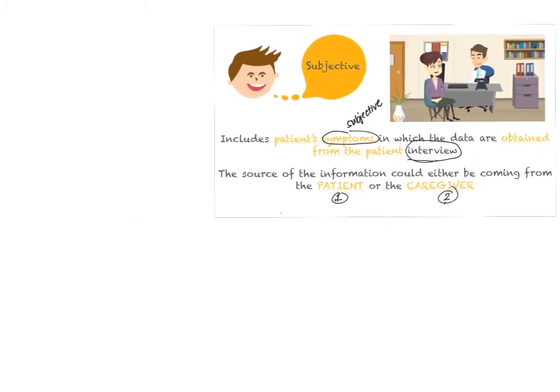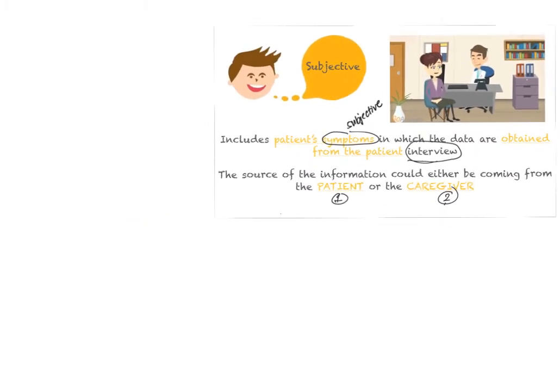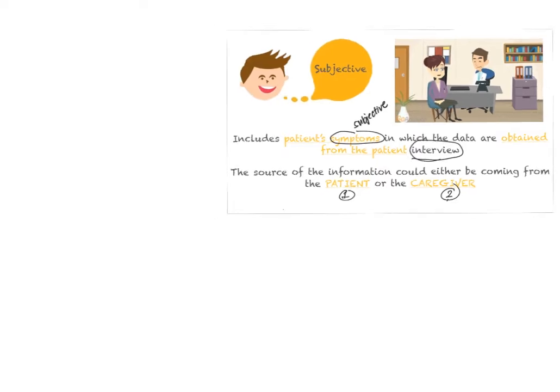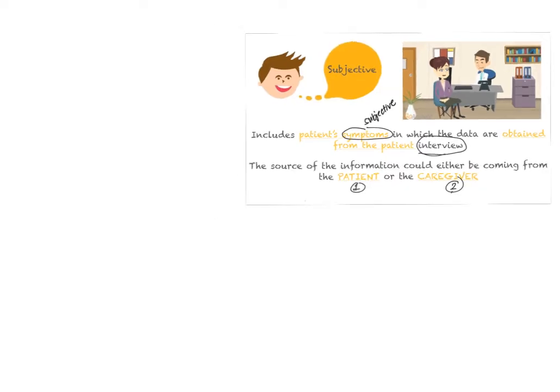Okay, so again, for the subjective, since this is coming from the patient, it has several subheadings. Under subjective, nandyan si demographics, which we will be discussing one by one later.